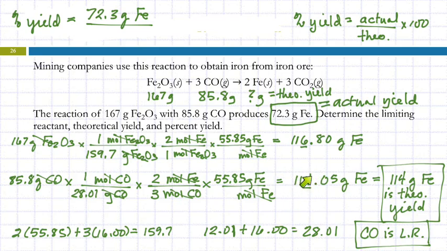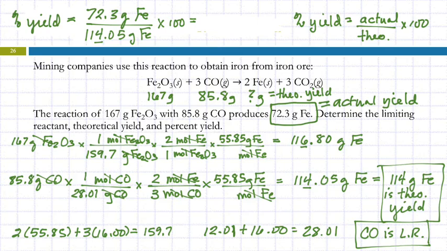I'm going to choose to use this unrounded one, just to avoid possible rounding errors. So 72.3 divided by 114.05 times 100.